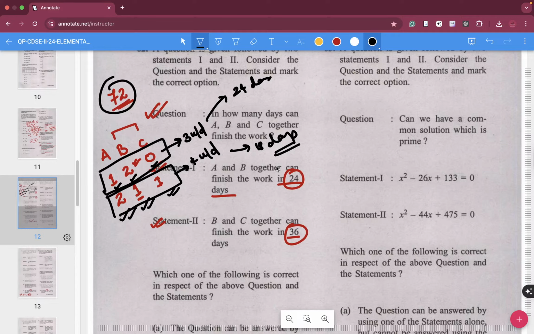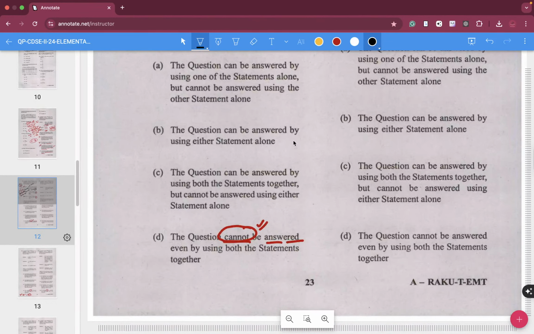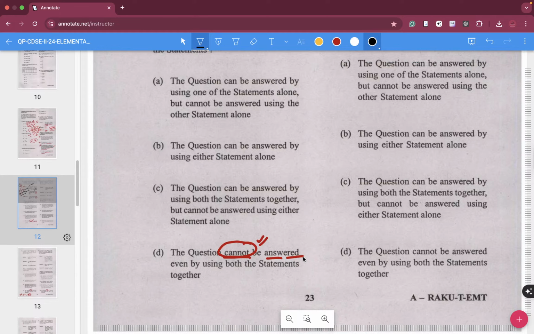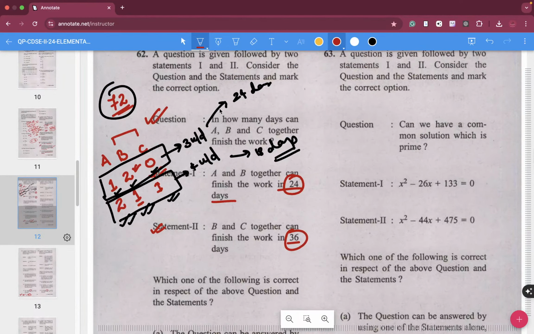So it is not clear which of these two options holds, whether C does the work or not. So the correct answer is that the question cannot be answered even by using both the statements together. Now you will think, sir, we have got an answer: if case 1 holds, 24 is the answer, and if case 2 holds, 18 days is the answer.